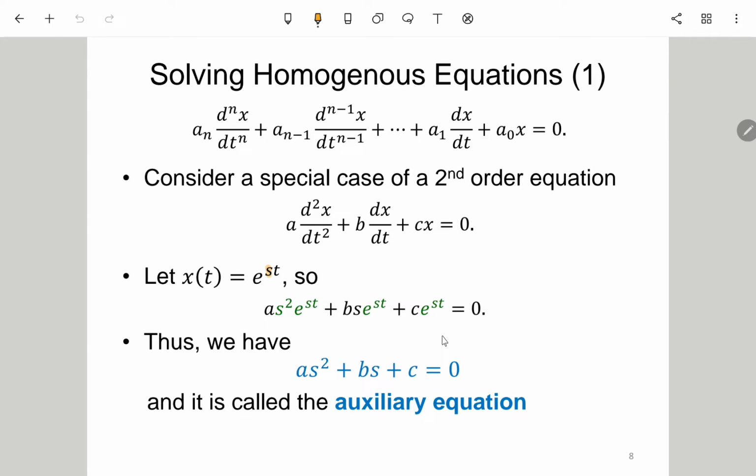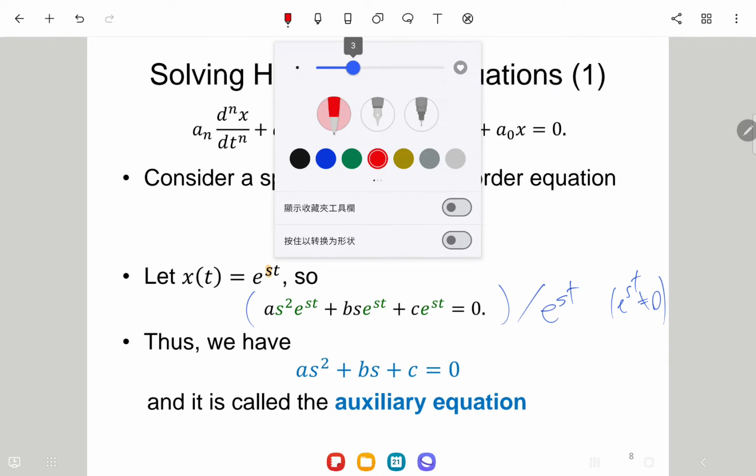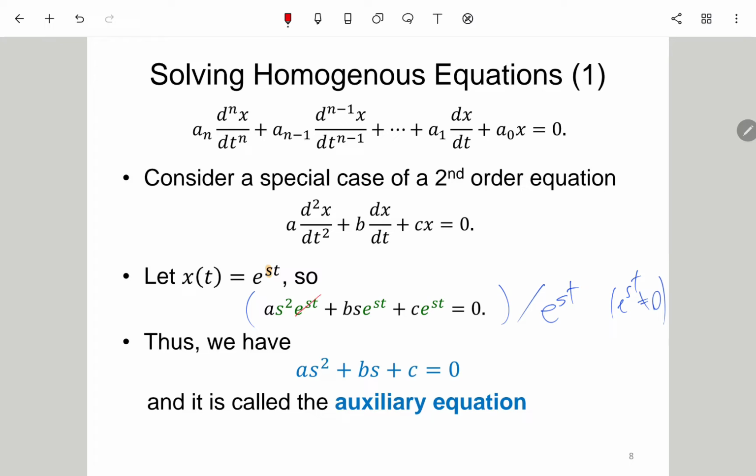Here we can divide the whole equation by exponential to the st, because exponential to the st can never be 0, so we are safe to divide by this term. We just cancel it out. Finally we have a s squared plus b s plus c equals 0.